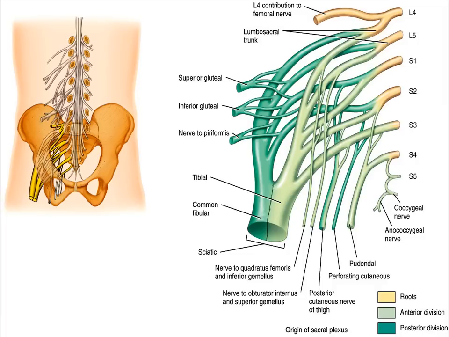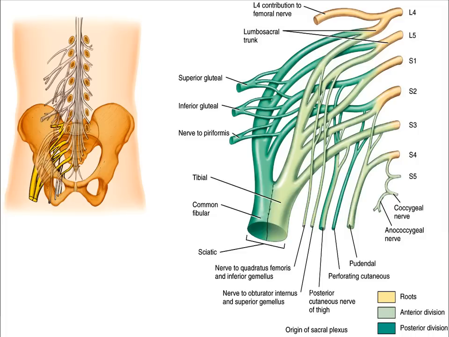And in other programs we discussed this pattern as it's found also in the cervical and brachial plexuses up in the cervical spine. So it's the anterior divisions of L4, L5, S1, S2, and S3 that give us the tibial nerve.